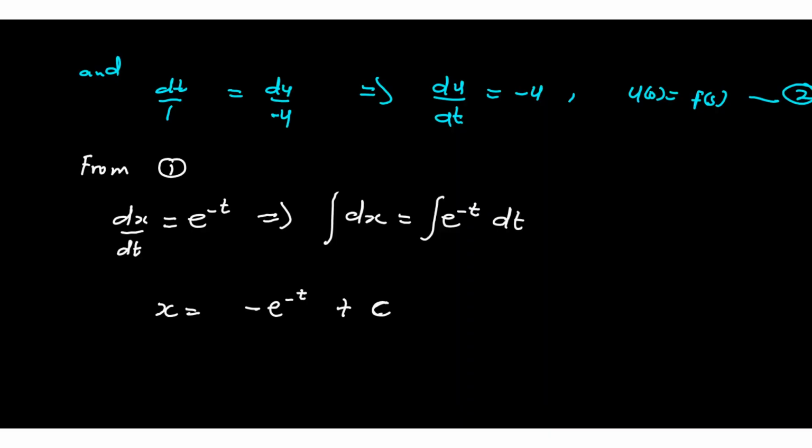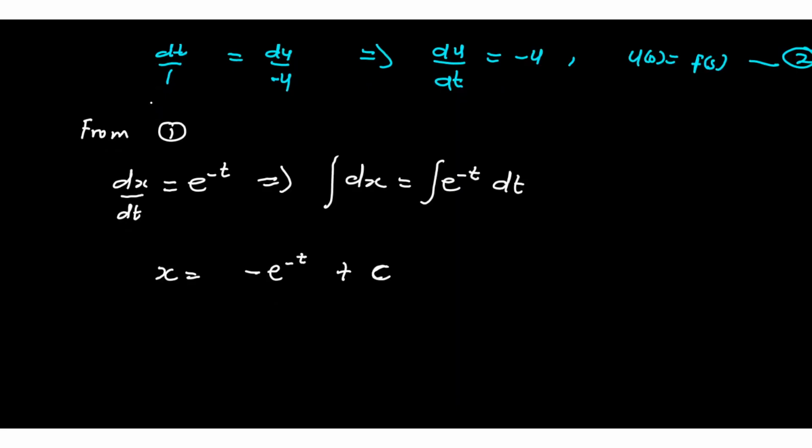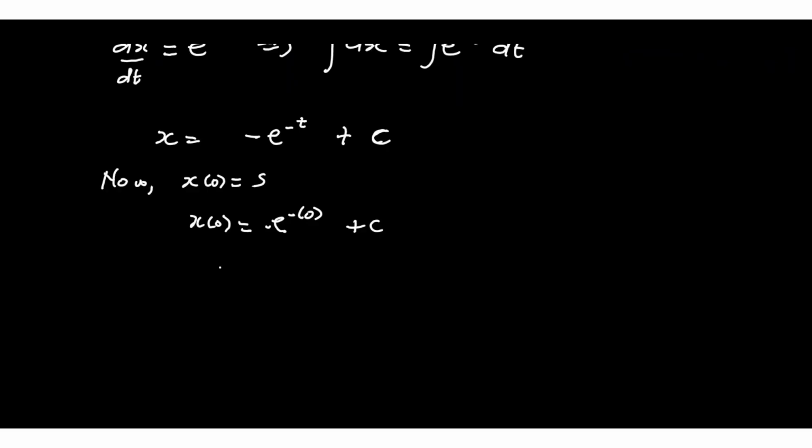Now we apply the initial condition to find the constant term. x of 0 is equal to s. Wherever we see x of 0, we put it there in order to find our c, our constant. So we will have x of 0 equal to negative e to the negative 0 plus c, and that will be equal to 1, or negative 1, sorry.